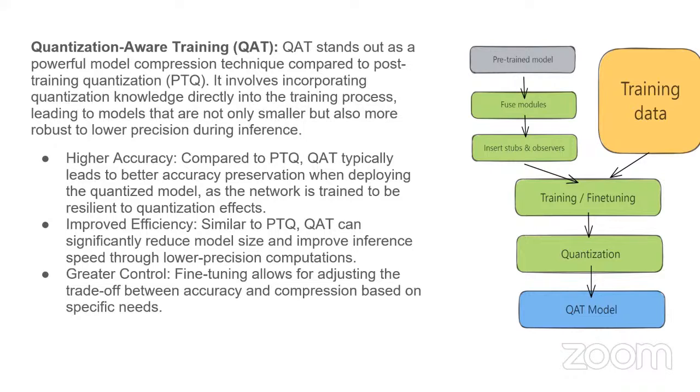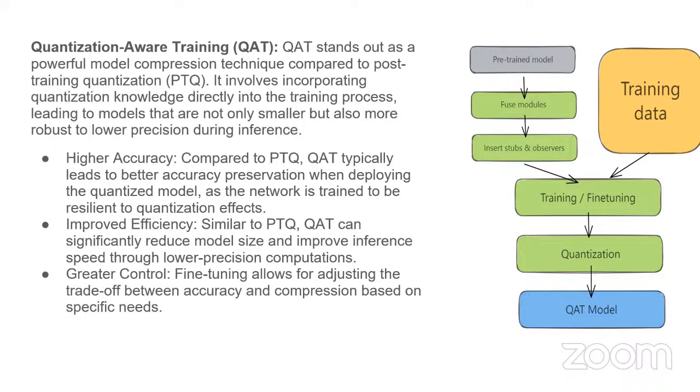This makes it more robust when deployed with reduced precision. Within the training itself, we are teaching the model so that it will learn the precision in its training phase. Okay, so it can give higher accuracy.